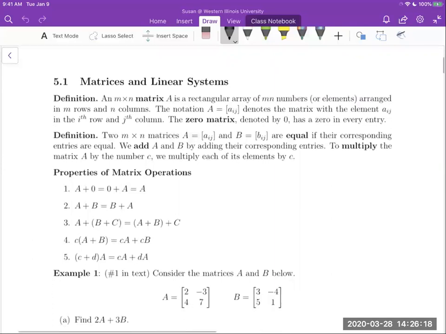So to begin, let's just get some definitions out of the way. An M by N matrix A is a rectangular array of M times N numbers. So you multiply those together, also known as elements. And the M denotes the number of rows, the N denotes the number of columns.